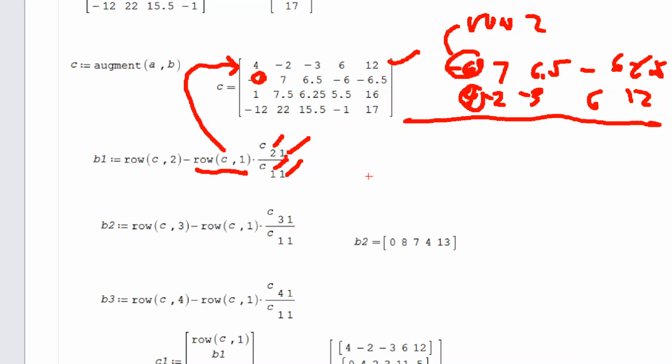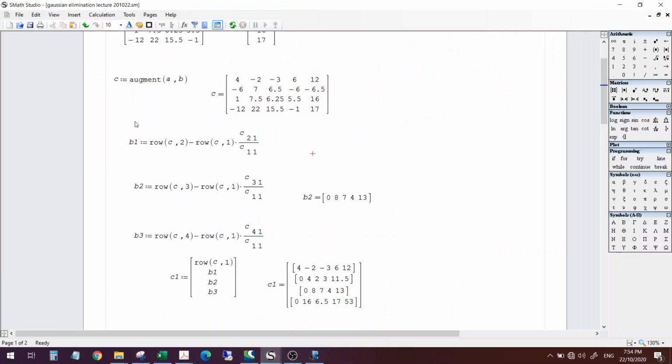Okay, so remember, the address of a matrix is simply Aij, right? We're talking about row and column. So this 2 stands for the row, and this 1 stands for the column. Okay, so C21 is simply this one, -6, while C11 is simply this one, which is 4.